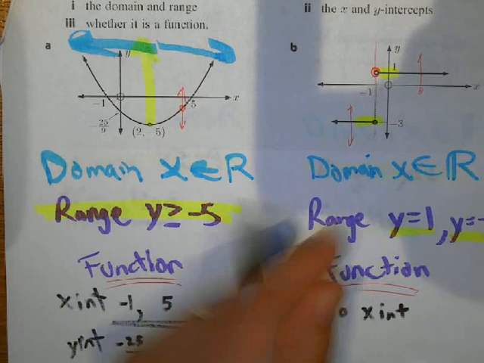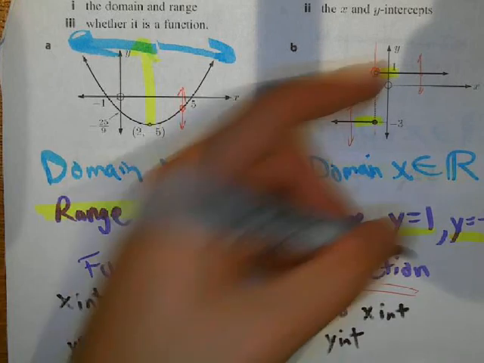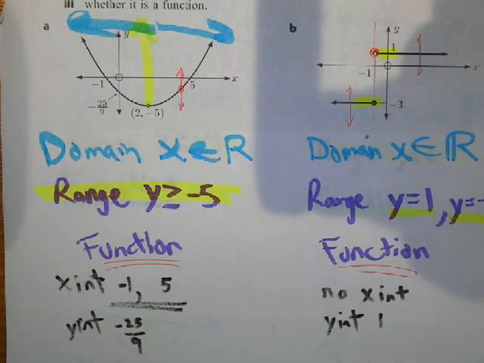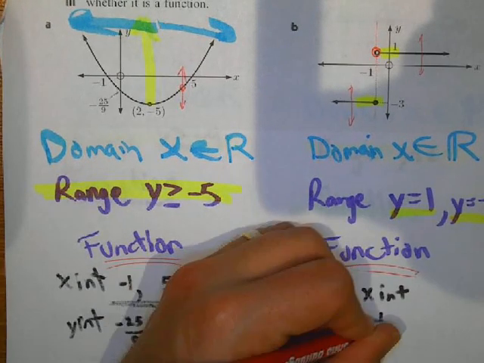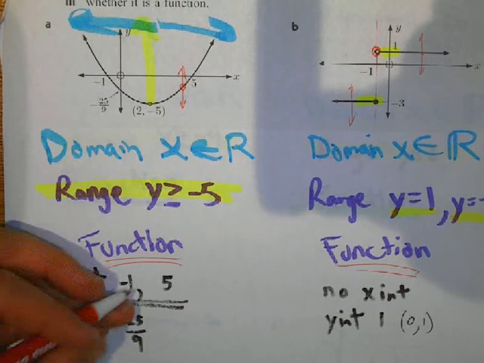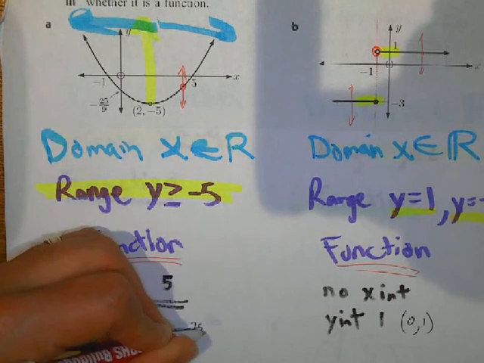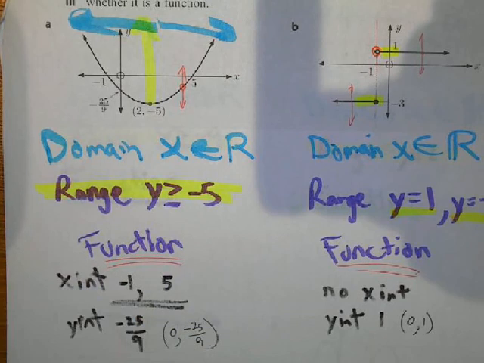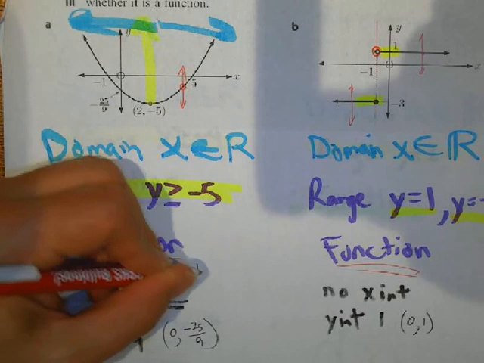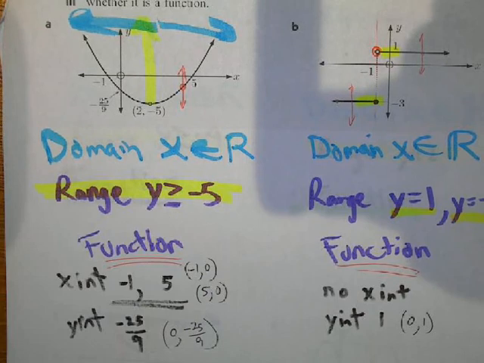It doesn't cross the x-axis, and the y-intercept is only 1. I could write it as a coordinate pair. I could write this as 0, 1 if I wanted to. I could write this here as 0, -25/9. I could write these x-intercepts as -1, 0 and 5, 0. That's fine too. And there we have it.